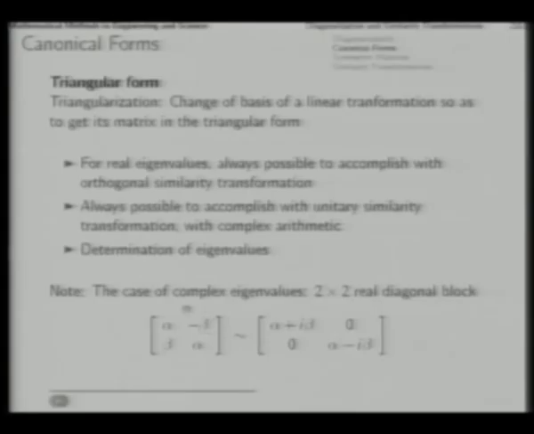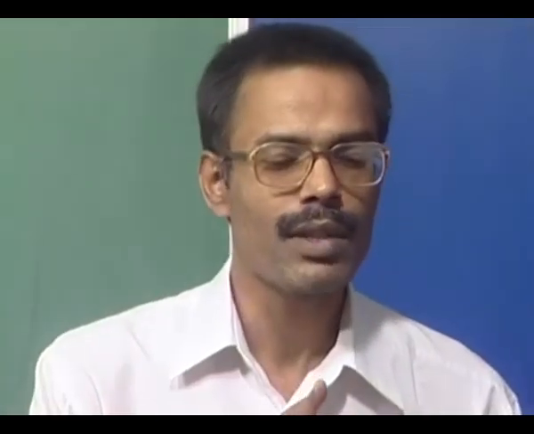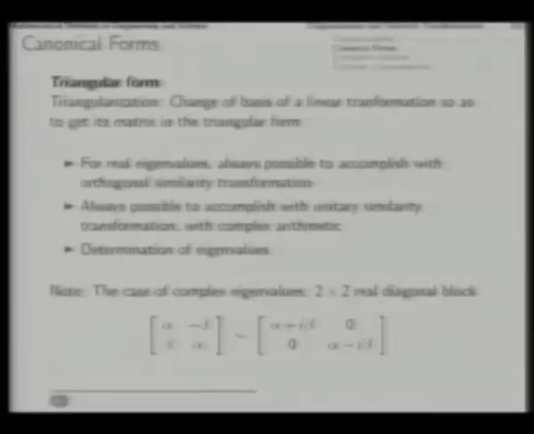But then with this kind of diagonal block setting, you will be able to recognize that you have a pair of complex eigenvalues there. Other than that, the rest of it you can do even if there are complex eigenvalues.